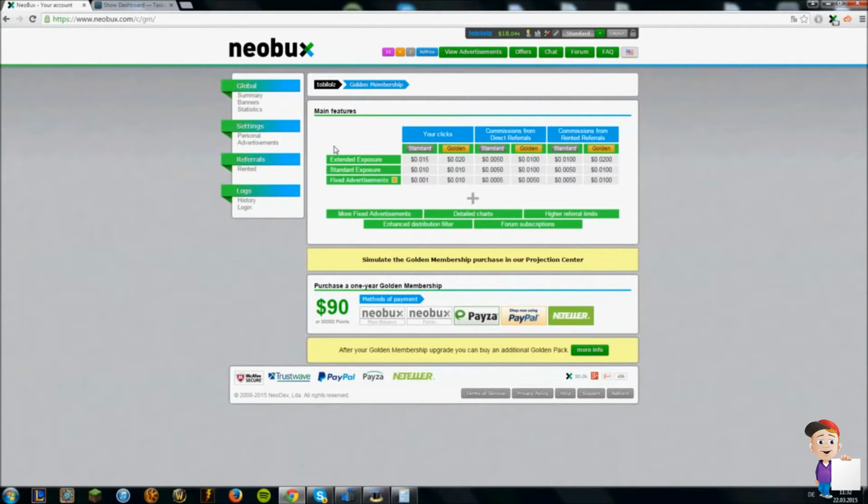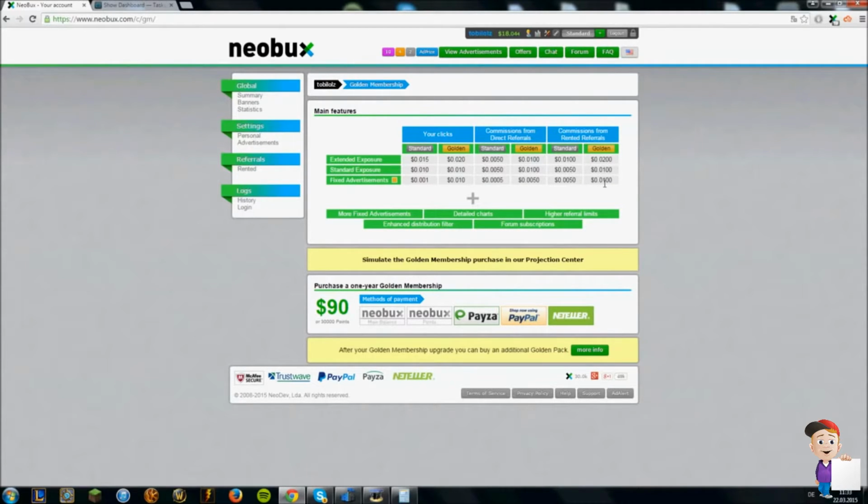When you're a golden member, you don't get half a cent for each referral click, you get a full cent for each referral click. You can see this here. Fixed advertisement commissions: half a cent with standard membership and a full cent with golden membership. So your profit basically doubles.